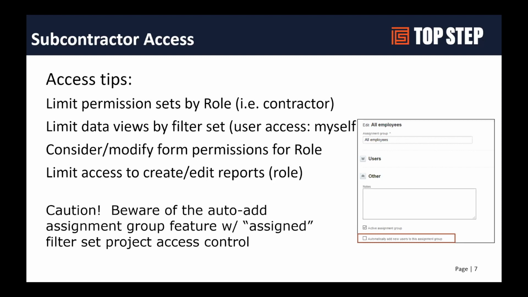And that's a combination of the role and then obviously the filter set. You want to make sure the filter set is very limited to where they can't see other users, or they can only see themselves if they run any reports that you've shared with them. And that's pretty standard functionality that most customers are good with.